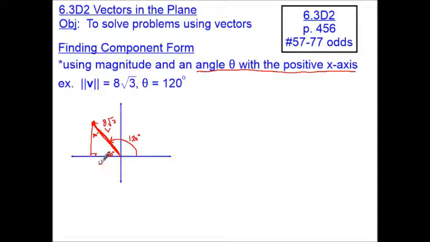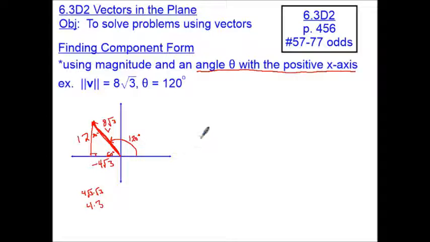This becomes 4 root 3, although since I'm going in the negative direction, that's actually negative 4 root 3. Then to get from the short side up to the longer leg, I multiply by root 3, and 4 root 3 times root 3 becomes 4 times 3, so this ends up being 12 up there. It is positive 12 because it's going up.